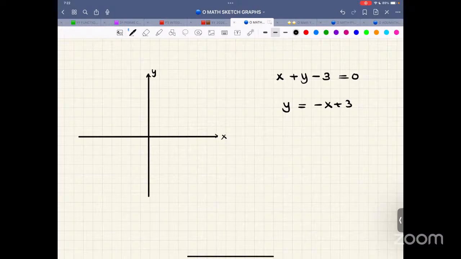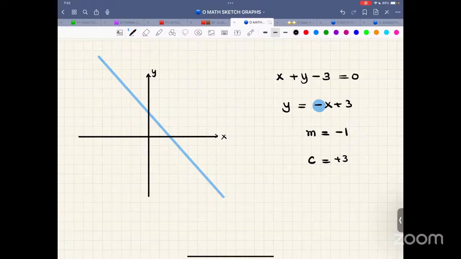And now the slope over here is negative 1. So therefore, the slope is negative 1. And yes, it's negative, and y-intercept is positive 3. So you can write the value, you can simply write the sign. And that's how the line is going like this. So that is a negative slope and a positive y-intercept, which is 3.